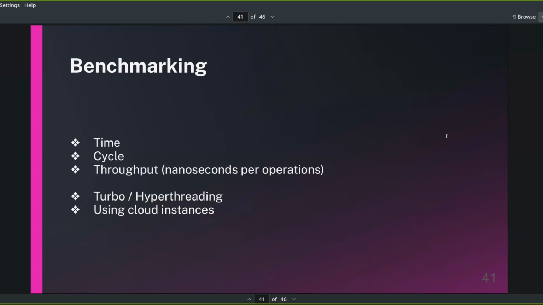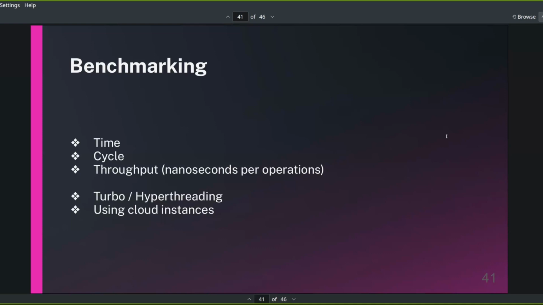Basically your clock is at, let's say, on my computer, the clock is at 4 gigahertz, but it can turbo to 5. So the cycle count might be off by 20%. So it's only useful if you optimize on your own PC.